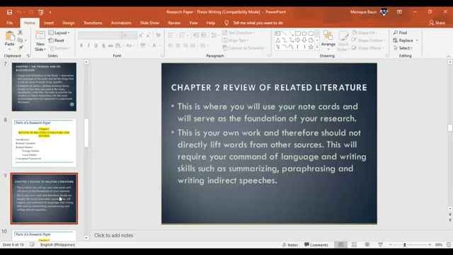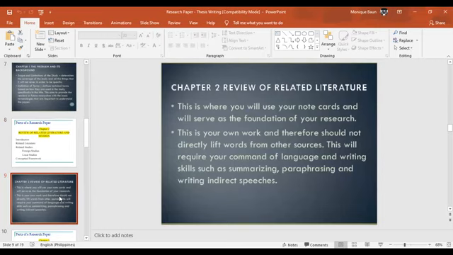This is where you will use your note cards, and it will serve as the foundation of your research. This is your own work and therefore should not directly lift words from other sources. It will require your command of language and writing skills such as summarizing, paraphrasing, and writing indirect speeches.